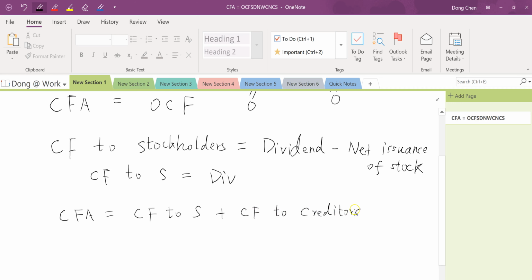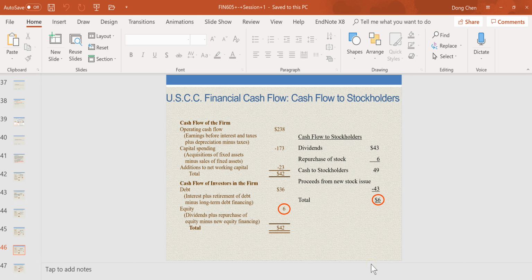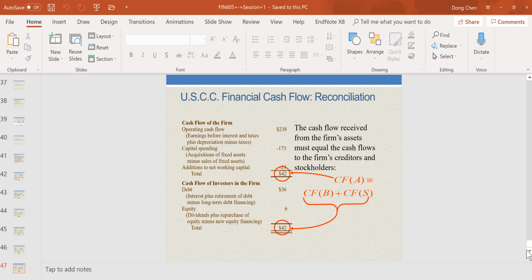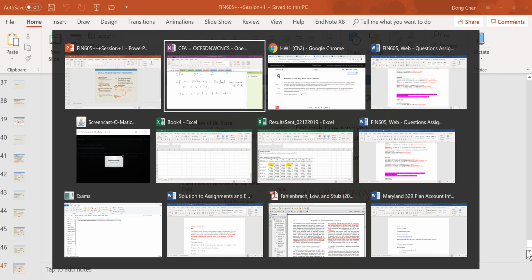This is called the cash flow identity, and you can find that also in my lecture slides and in the book. Here B stands for bondholders; I use creditors, it's the same.